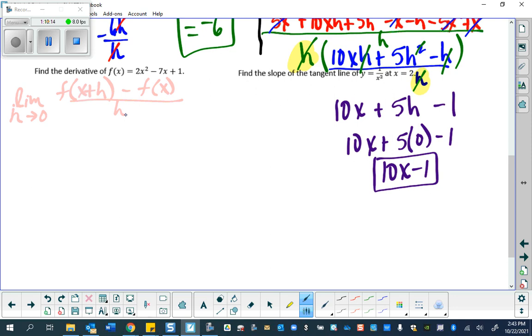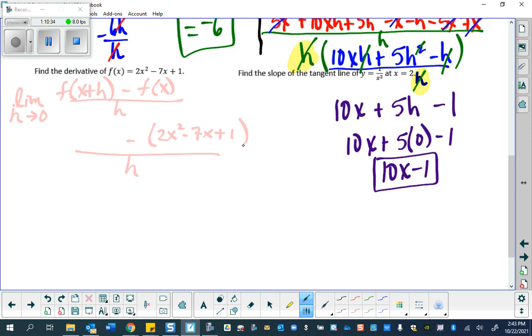So that's okay. I'm going to substitute my function in. And I'm going to cheat and jump to the end. Because that's my original function, right?